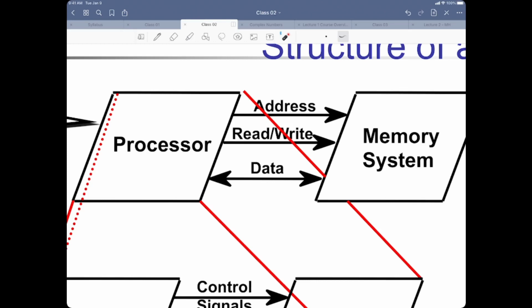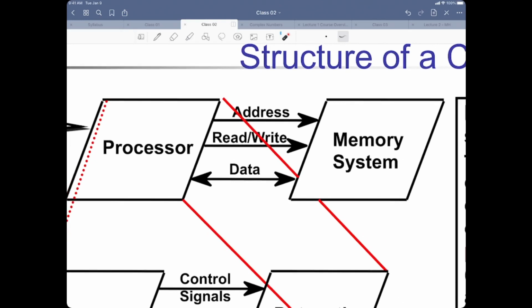Which register will the address go into? Anybody remember that from the last lecture? There are two registers. MAR, memory address register. Very easy to remember, right? MAR, memory address register.